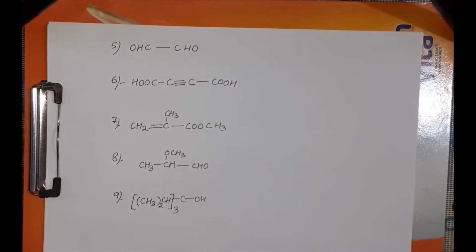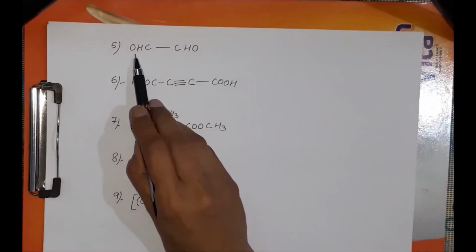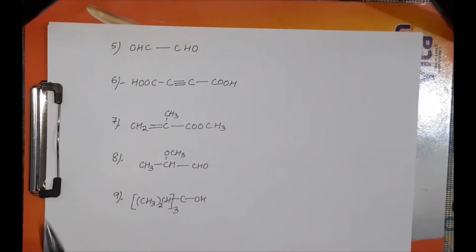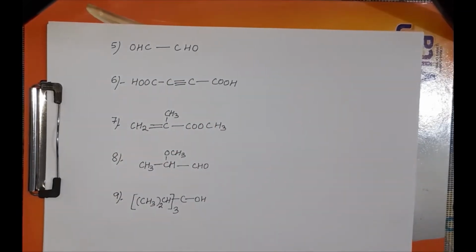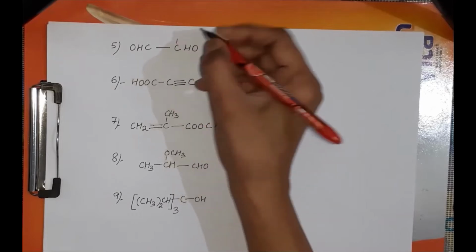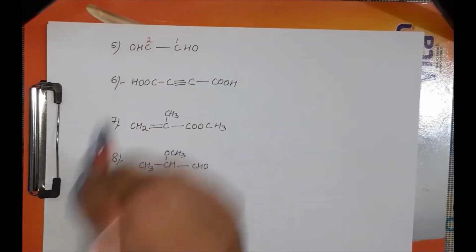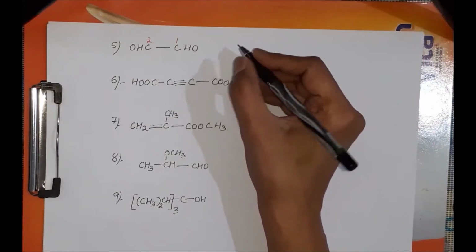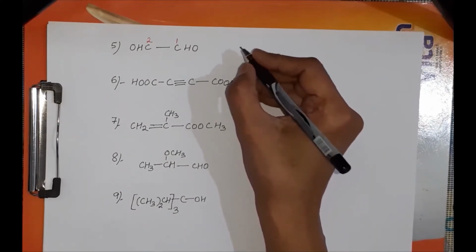Now coming to this example, we have to write the IUPAC name for this compound. We can see it has 2 carbon atoms, so first we will do the numbering, 1, 2. There are 2 carbon atoms and no substituent, so no prefix.